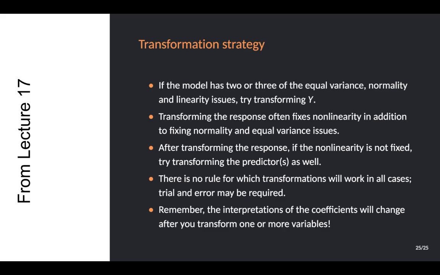But in general, the best place to start, this is now erring into Jared's opinion, is transforming Y. So go ahead, redo your same model, but now with log price.